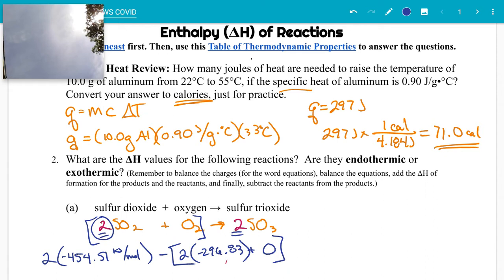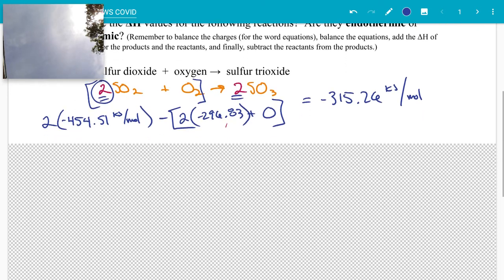Close the parentheses. And I should get for a final answer equals minus 315.26 kilojoules per mole in that circumstance. All right, let me know if you have any questions about that one. Let's move on to the next one.